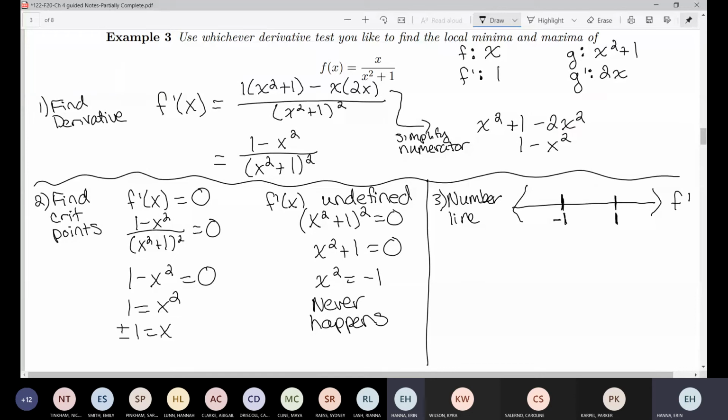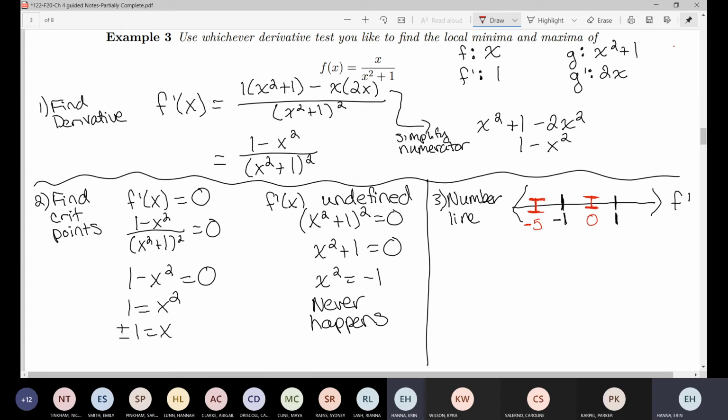Pick test points. So we have 3 sections going on, so I have to pick 3 test points. I need something less than -1. I'm going to pick -5 just for giggles. I need something between -1 and 1. I'm not crazy, I'm going to pick 0. Otherwise, I'd be picking a decimal, and I ain't doing that.